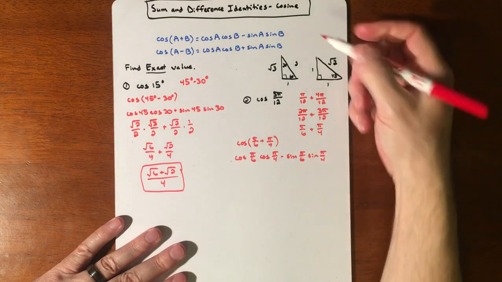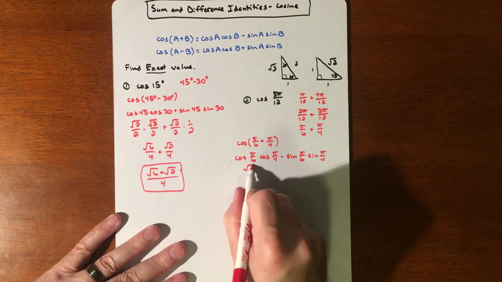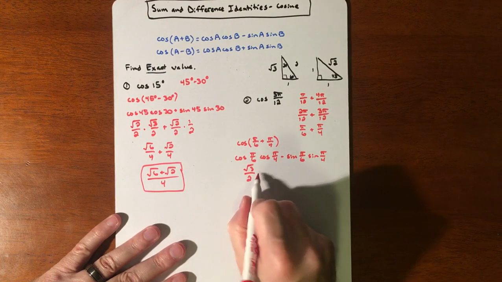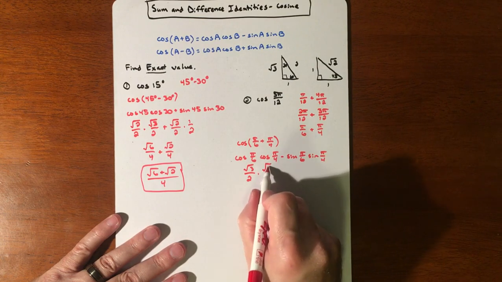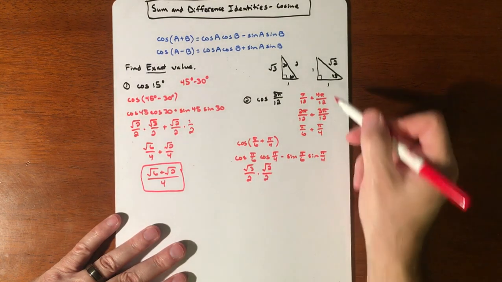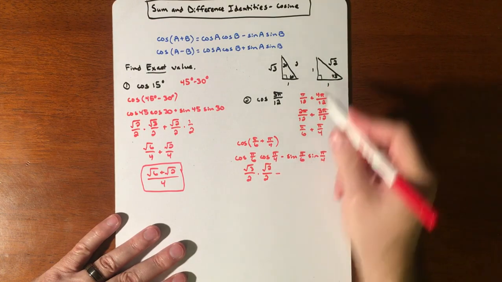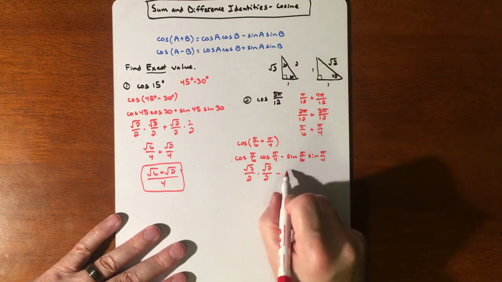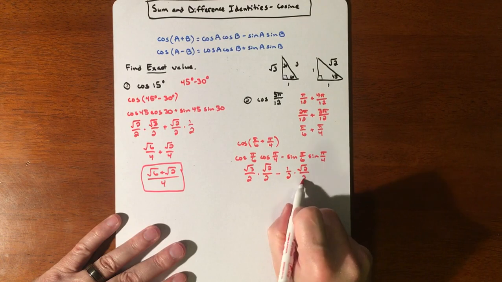So cosine of pi over 6 is cosine of 30, which is root 3 over 2. Cosine of pi over 4 is 45, so that is our 1 over root 2, which rationalizes, so adjacent over hypotenuse. And then minus sine of 30, so 1 over 2. And then this is going to be another 45, so it's a root 2 over 2.